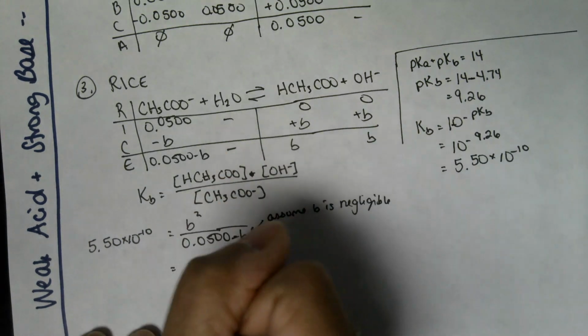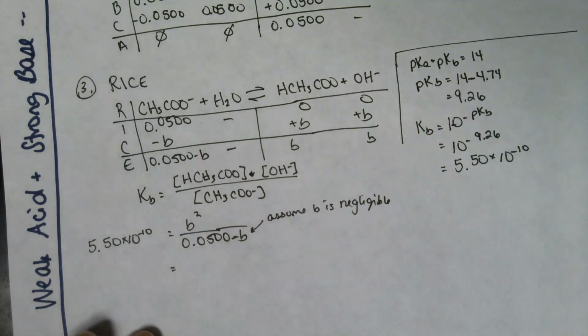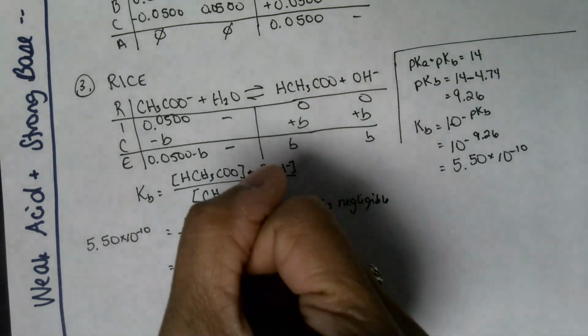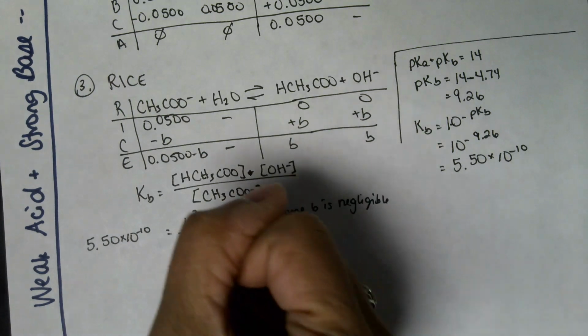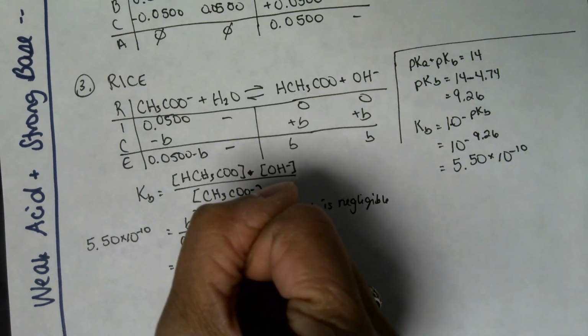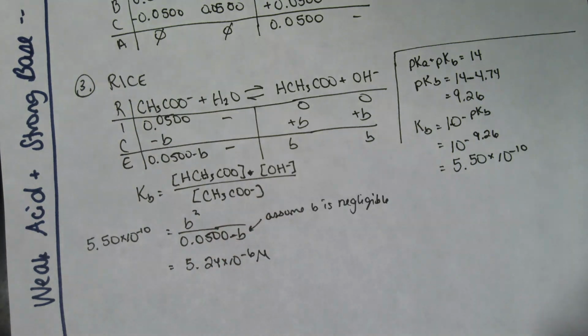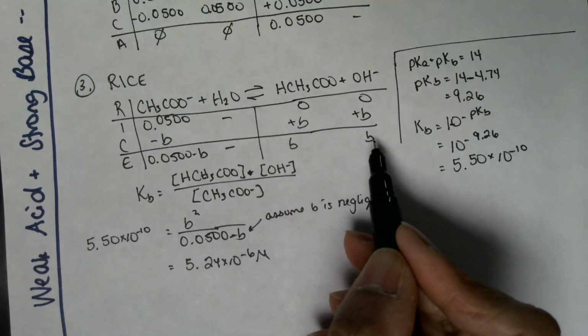And so you end up with B being, and I'm just going to do this math real quick. Please do the math so that we can kind of go through this. Let's see. So when you get that, you end up with your B being 5.24 times 10 to the negative 6th molar. And we know that's also our concentration of OH minus.